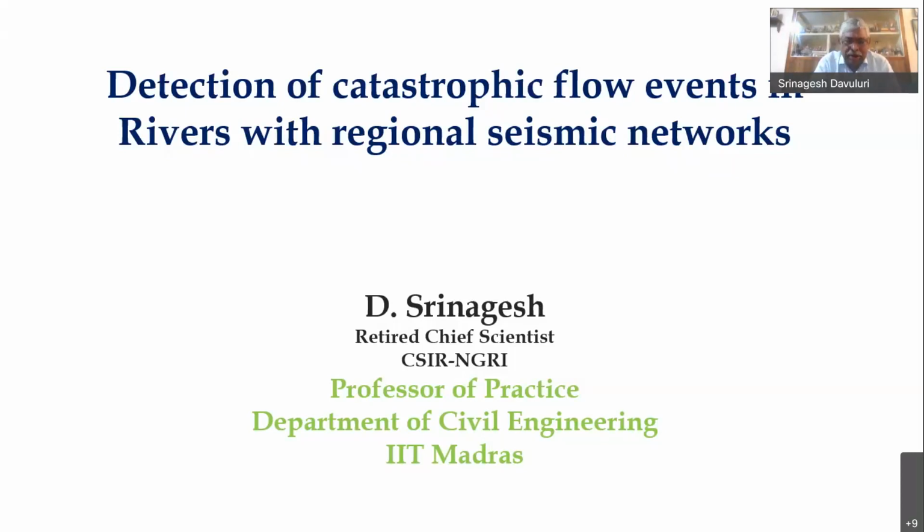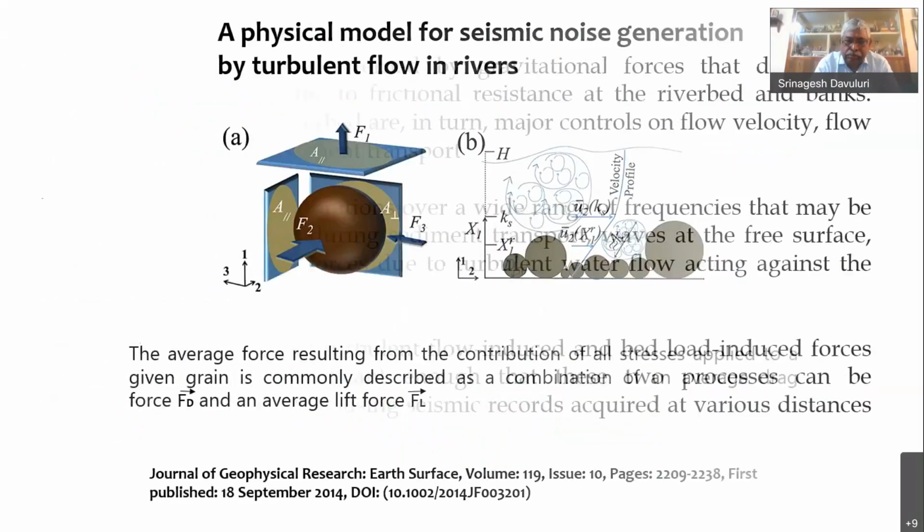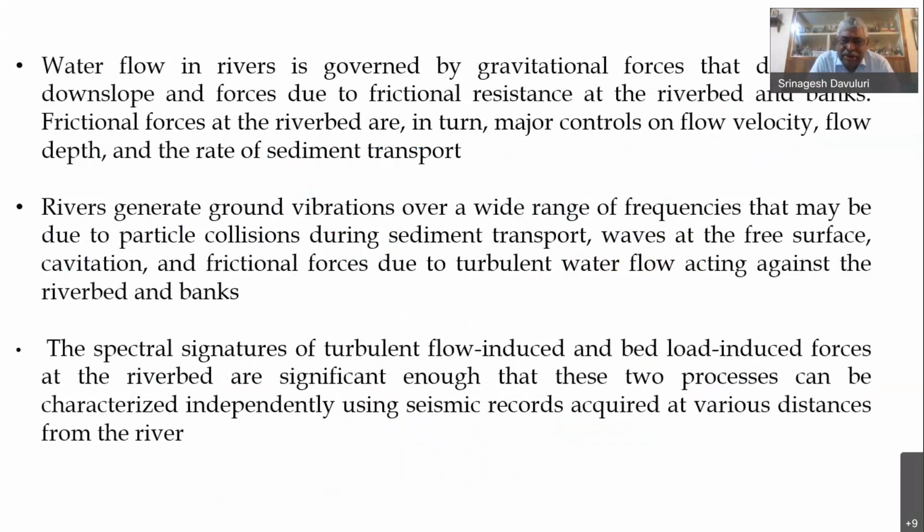Now, the most important thing which happens, yes. What is this actually we are looking at? Water flow in rivers is governed by gravitational forces that drive downslope, especially the water which is flowing, and the forces due to frictional resistance at the riverbed and banks.